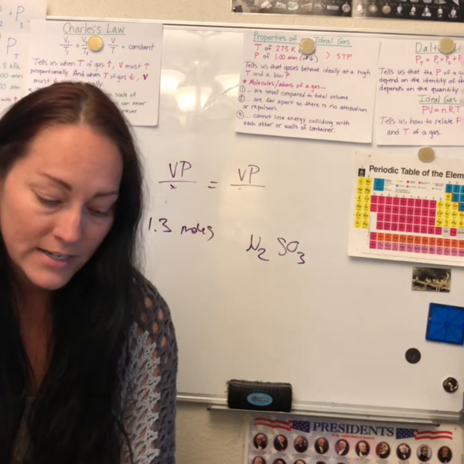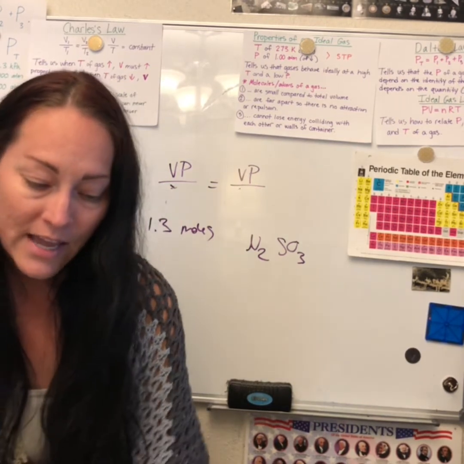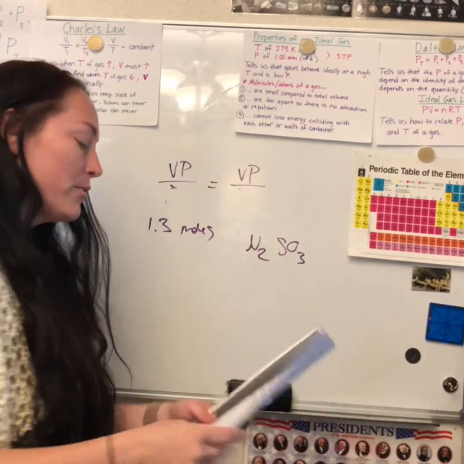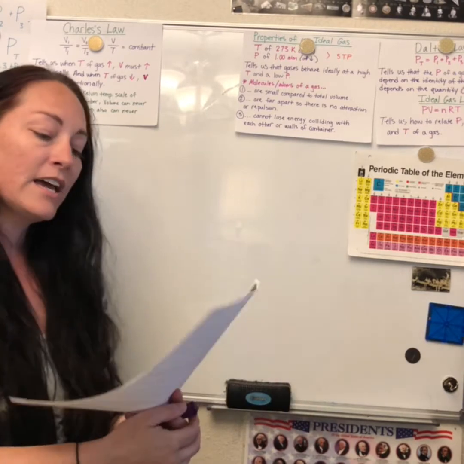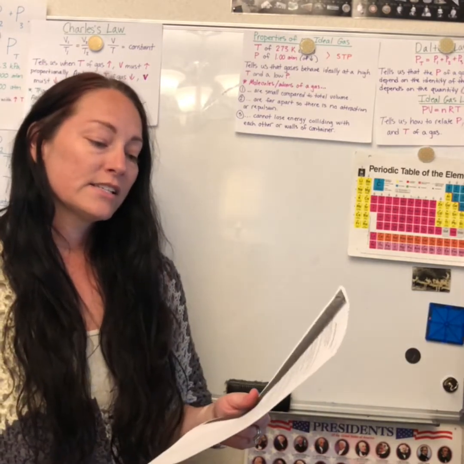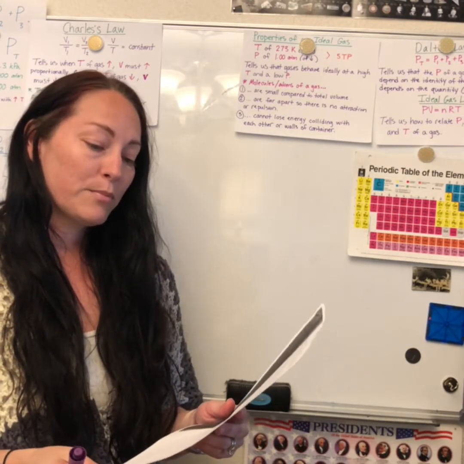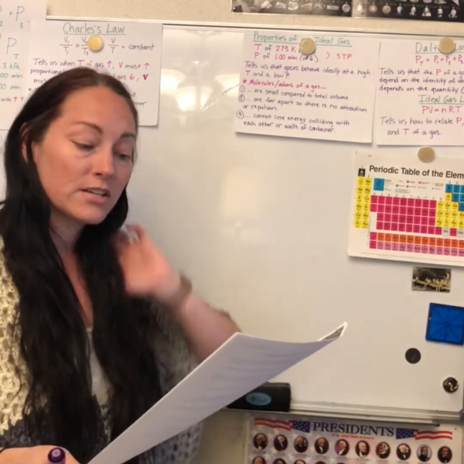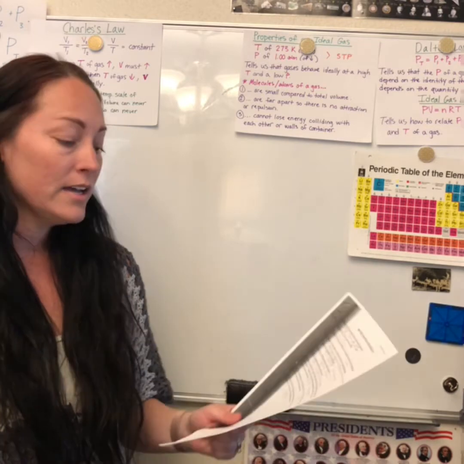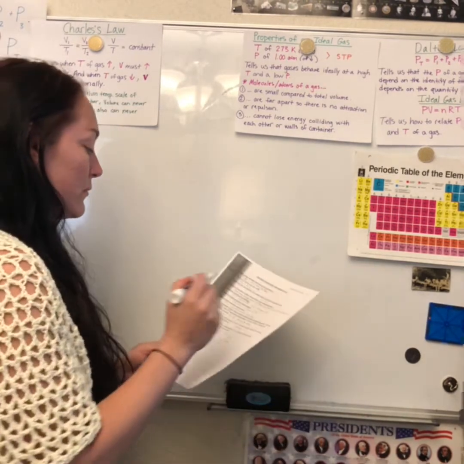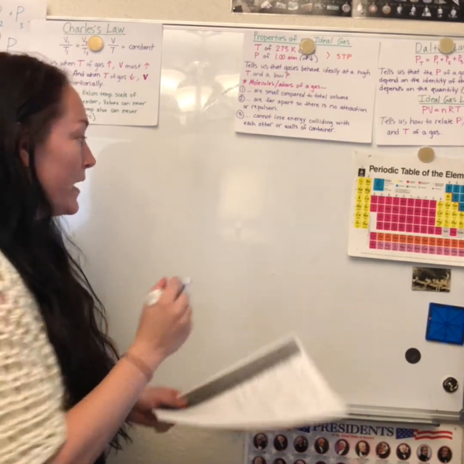Let's look at 9. 9 says, a liquid's temperature is lowered from 50 degrees to 10 degrees Celsius. Then it says, did the liquid's vapor pressure increase, decrease, or stay the same during that time? Okay, so think about this. We're working with temperature and pressure.